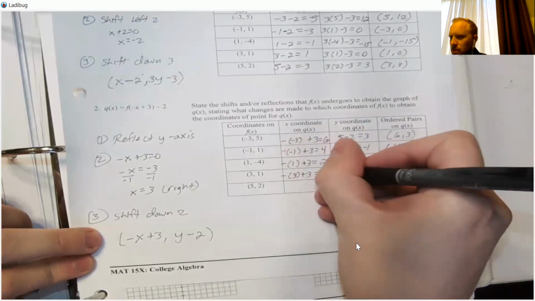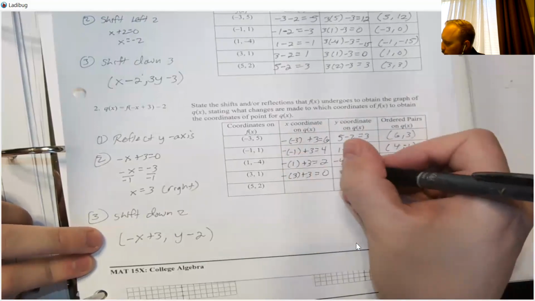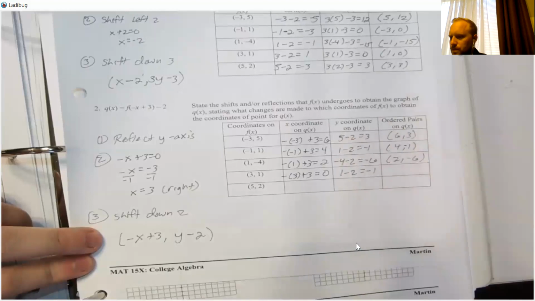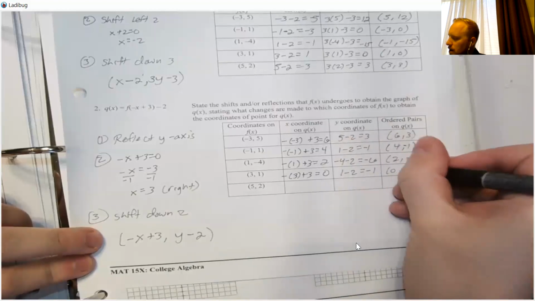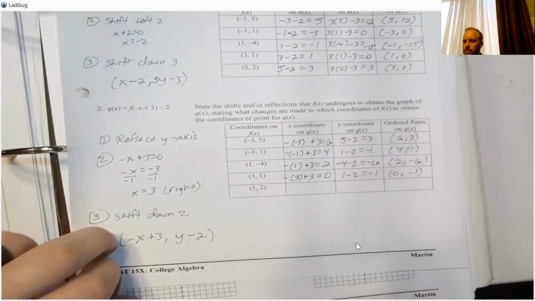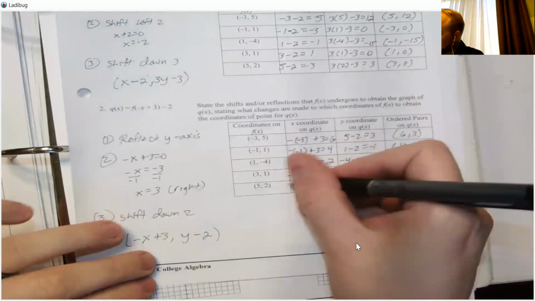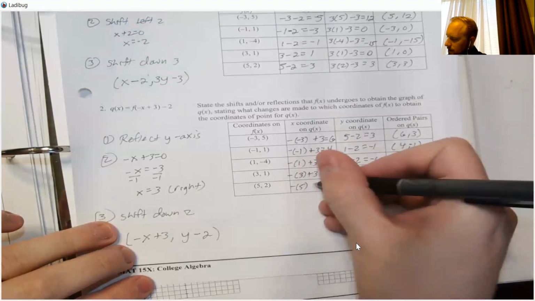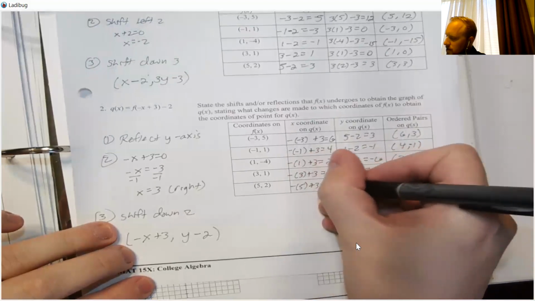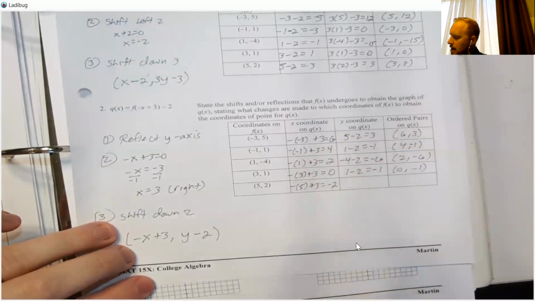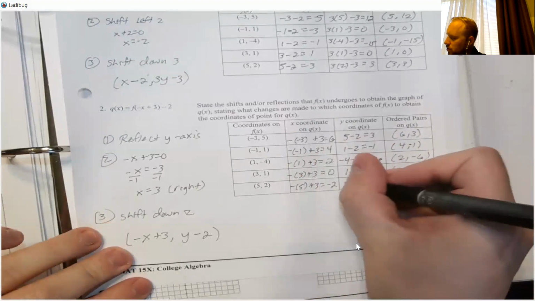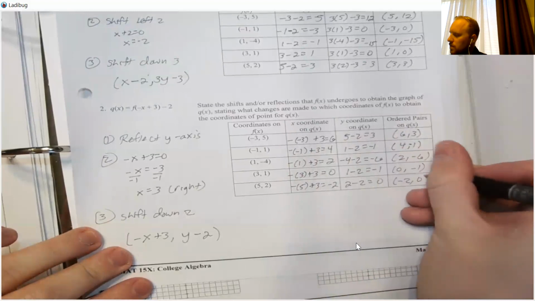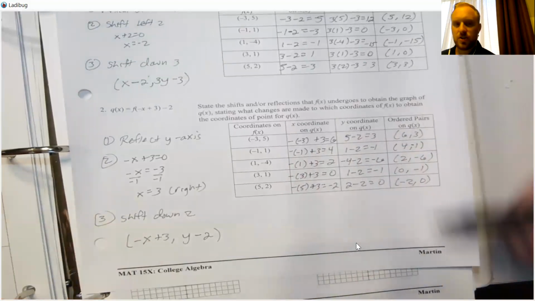This gives us 0. Our y value of 1 minus 2 gives us -1. So we have 0, -1. And then our last point, we have a negative times that +5, plus 3, which gives us -2. And then we have our y value of 2 minus 2, which gives us 0. So the point would be -2, 0. Okay, and these are all the points that you would plot.